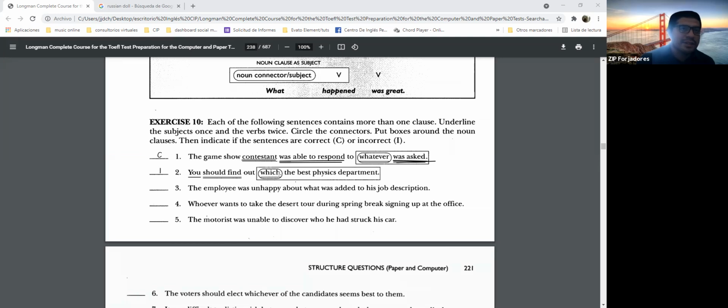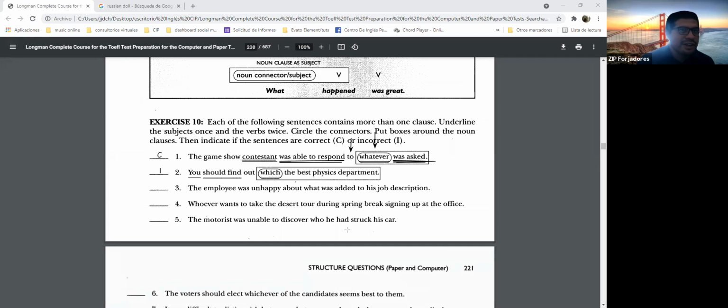Contestant is the subject. So I have two verbs and one subject, but I notice that whatever is a noun clause connector subject. That's why it functions as the subject. The function of this noun clause is the object of the preposition to. That's why it's correct.